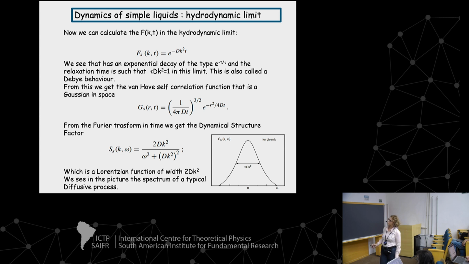This function here is a Lorentzian function, so it's like a bell, similar to a Gaussian, but it's a Lorentzian, so it's not a Gaussian. And the full width at half maximum is 2Dk², okay?